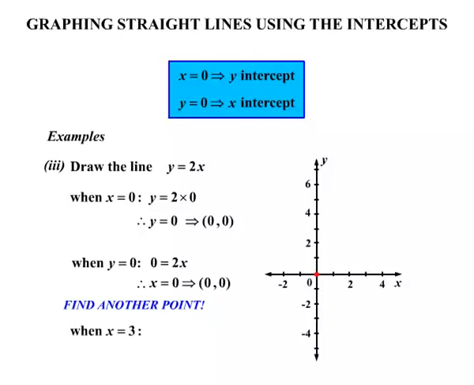We can do that by, say, let x equals 3. We could choose any value of x really, but x equals 3 is a good one, that'll fit on the graph. We substitute that into the equation. We get y equals 2 times 3, therefore y equals 6. So we have the point where x is 3, y is 6, so the coordinates are (3, 6), and we plot that onto the graph.